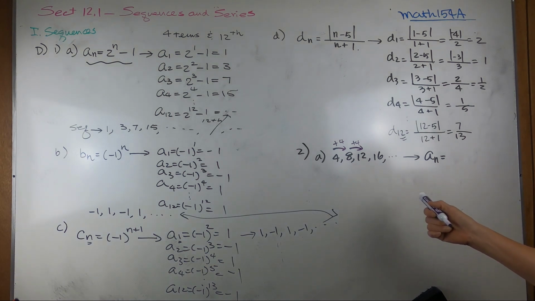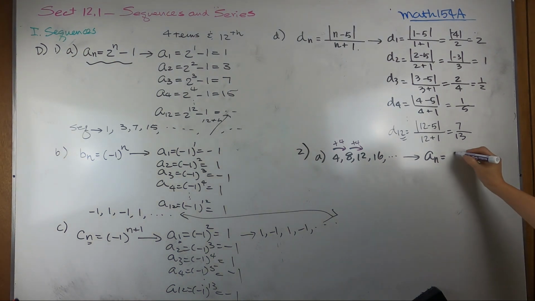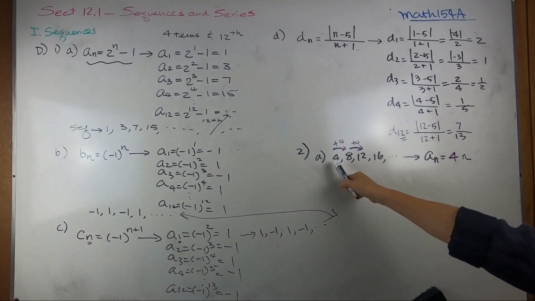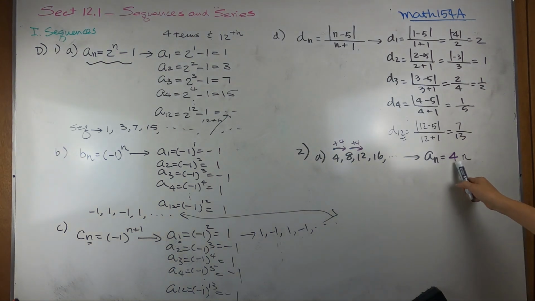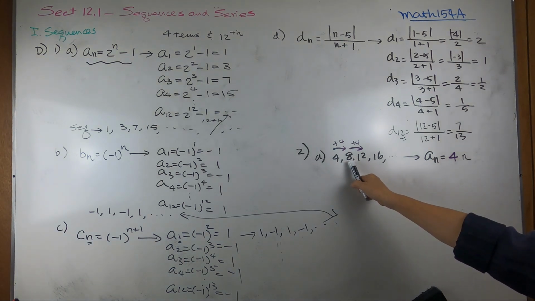So if each time you add 4, then first term would be 4. Second term times 2 is 8.